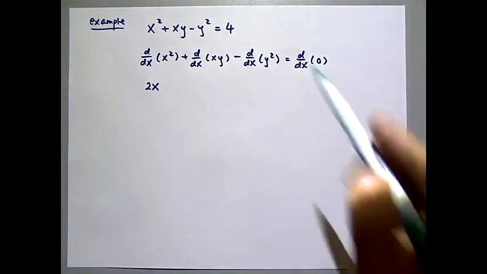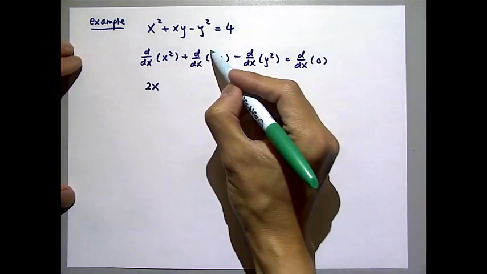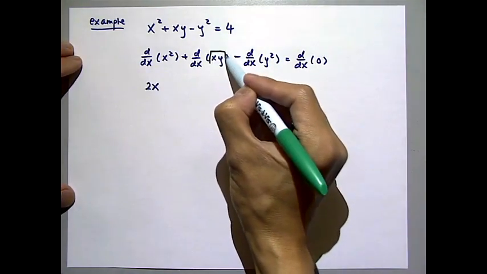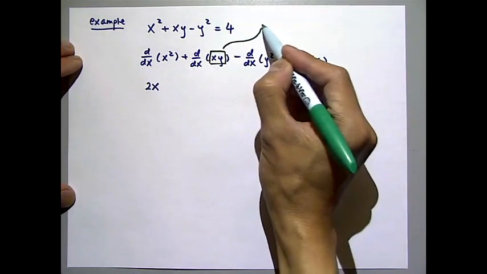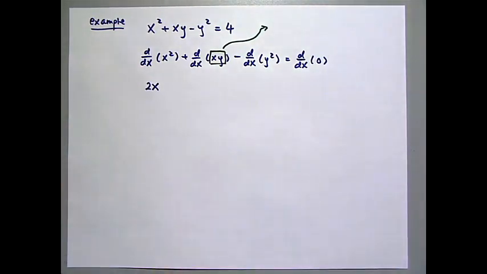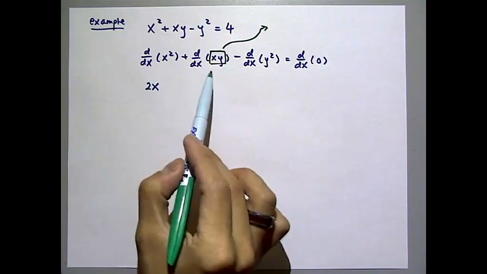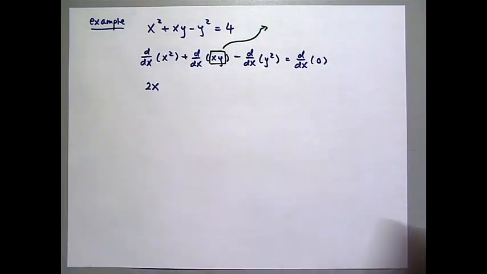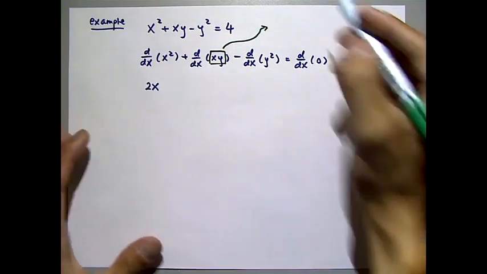Now the middle part, this is where things get a little bit tricky. Remember, y depends on x, so y really is a function involving x. So what's going on here is x times another function of x.